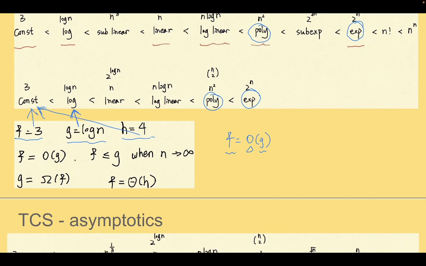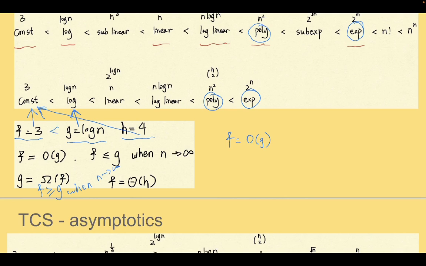This is similar to the limit. Similarly, this is almost the same, except that it means f is bigger than or equal to g when n goes to infinity, right?